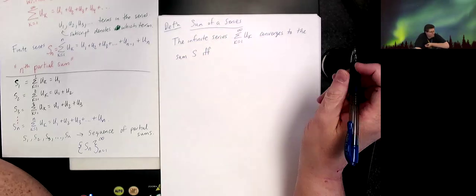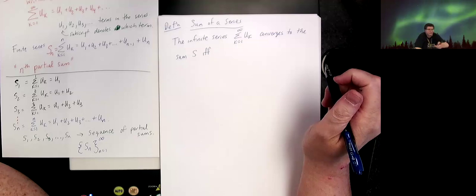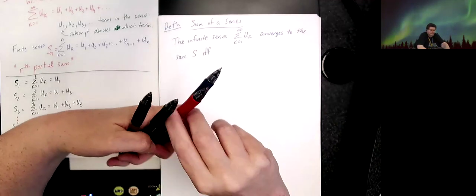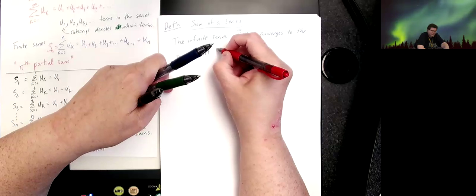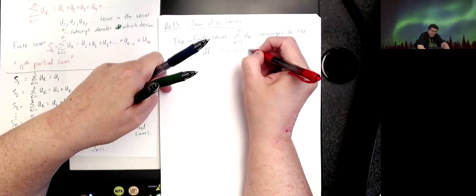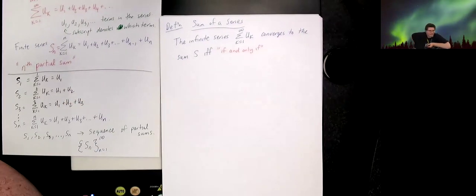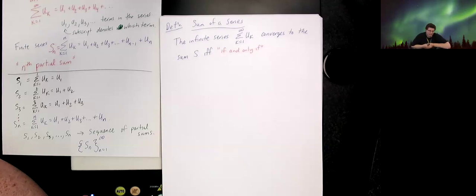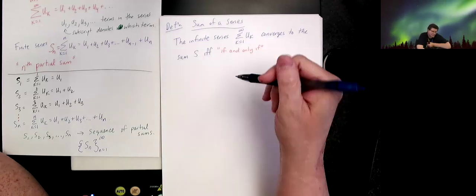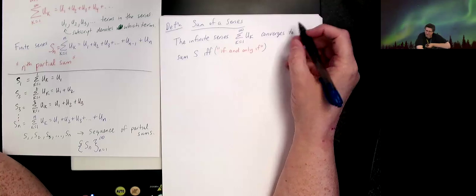Have you guys ever seen that before? IFF? So that means if and only if, which means this is like a two-way street. One means the other. If A, then B, and then if B, then A. That's what IFF is.